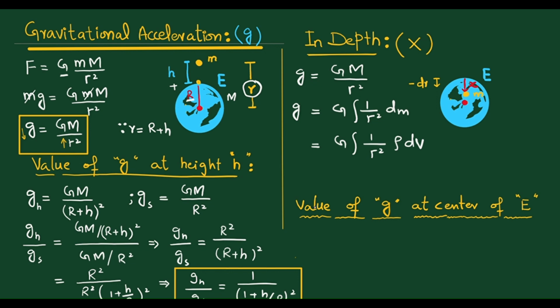The density is constant and it will come out from the integral, capital G and density, and it will become 1 over r square, and dV is equal to area multiplied by dr. The area is equal to 4 pi r square, and dV is equal to 4 pi r square multiplied by dr, and dr is negative because we are going into the earth, into depth x, so dr is negative.